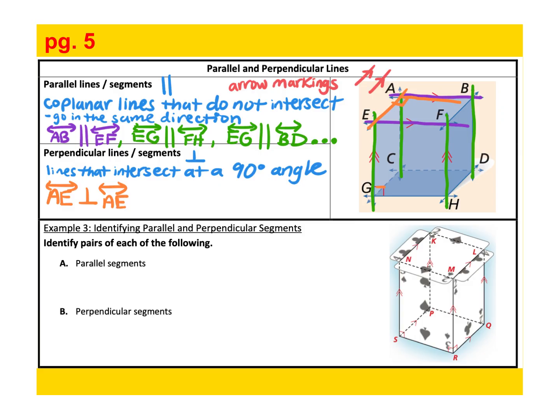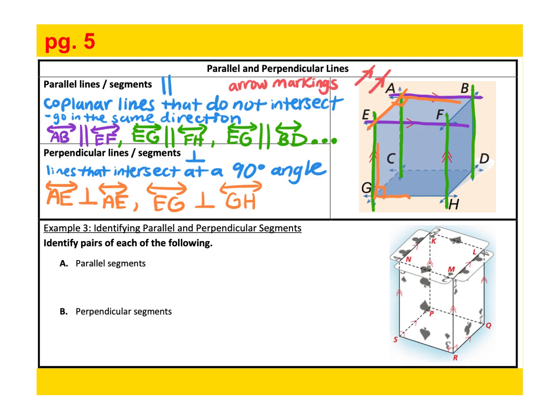You can see I have another right angle there. So a second example would be line EG is perpendicular to line GH. So that's these 2 right there.